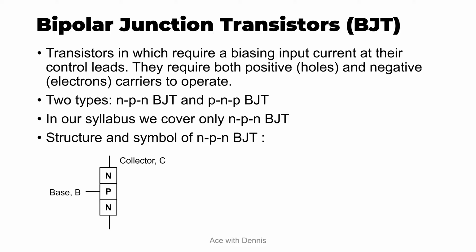And the terminal in the first N substrate is the collector C. The terminal at the other N substrate is emitter E. So this is the symbol for NPN BJT, where this is the base B terminal, and this is the collector C terminal, and this is the emitter E terminal.